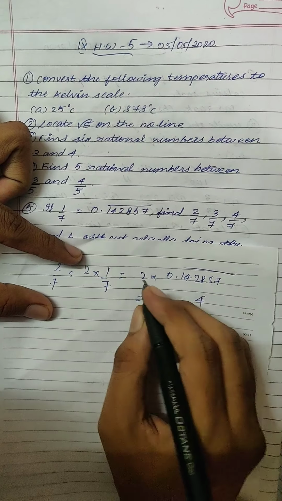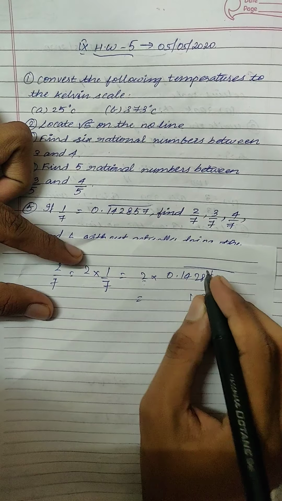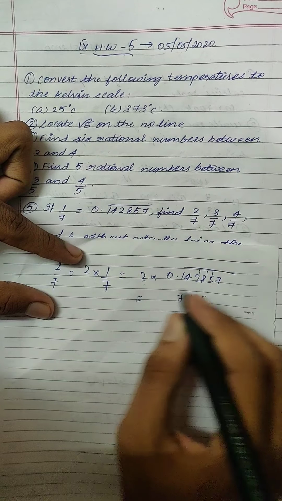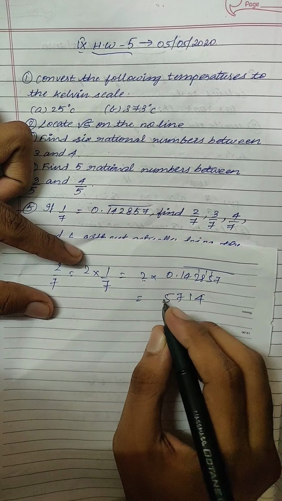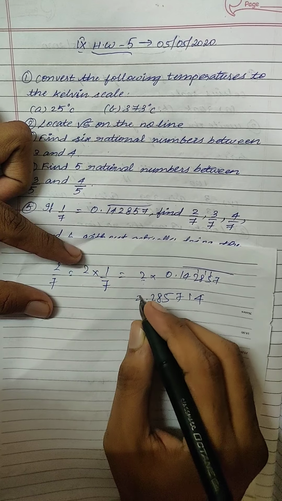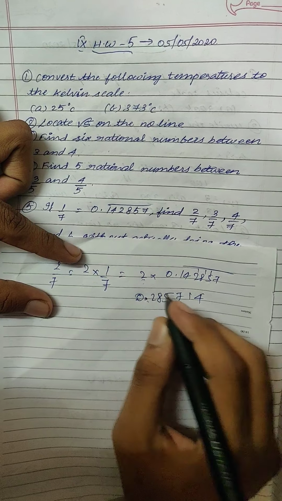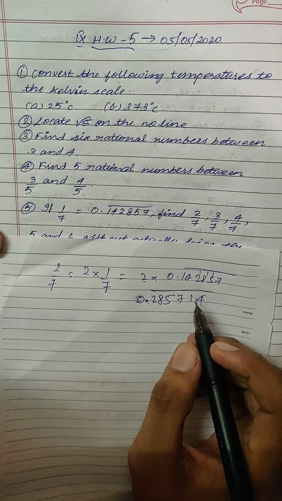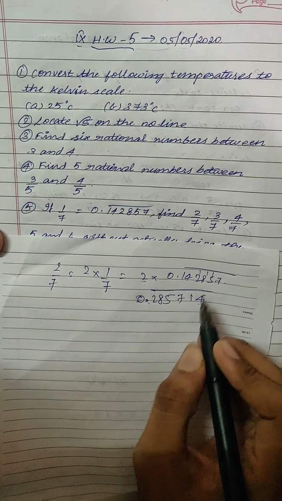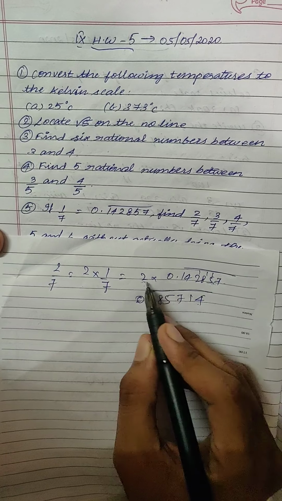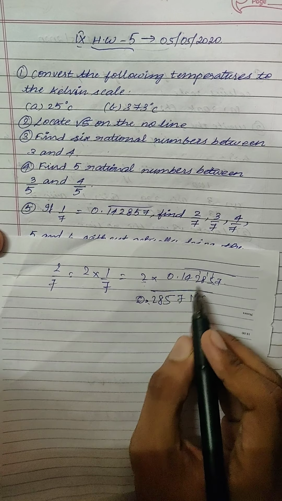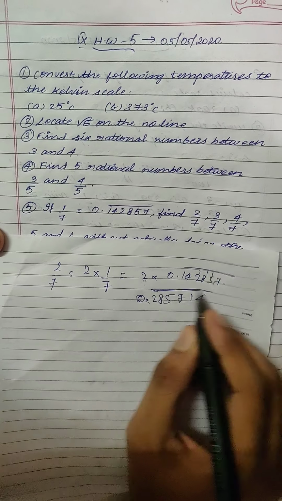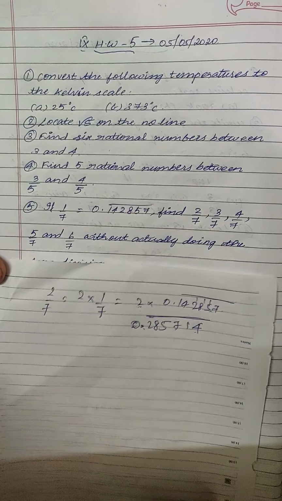So 2 7s are 14, 1, and so on. I hope you can understand. And then you have to use a bar. Can you understand what I'm trying to say? So 2 7s are 14 1, 5 2s are 10 11 1, 8 2s are 16 17 1, 2 2s are 4 5, 8 and 2. So likewise you can find for 3 by 7, 4 by 7, 5 by 7 and 6 by 7.